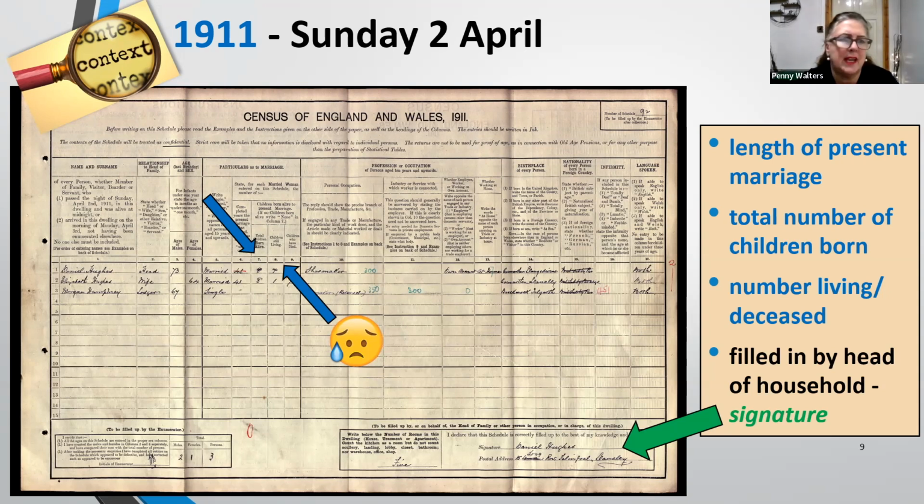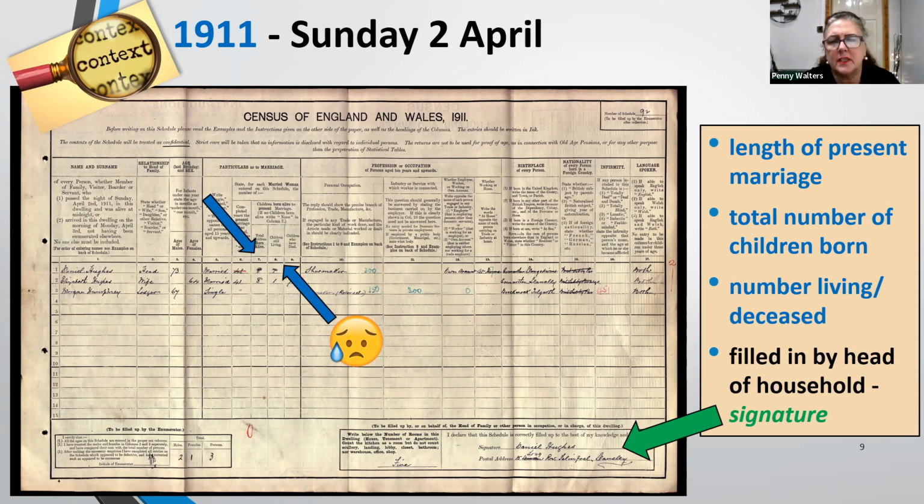That sounds lovely and romantic. And we can see the chap is 73 and the lady's 64. So that's a lovely romance, 41 years of marriage. But if you look closely, they've had 8 babies and 7 have died. So whilst this is fascinating information for us, it can also feel a bit upsetting, obviously.